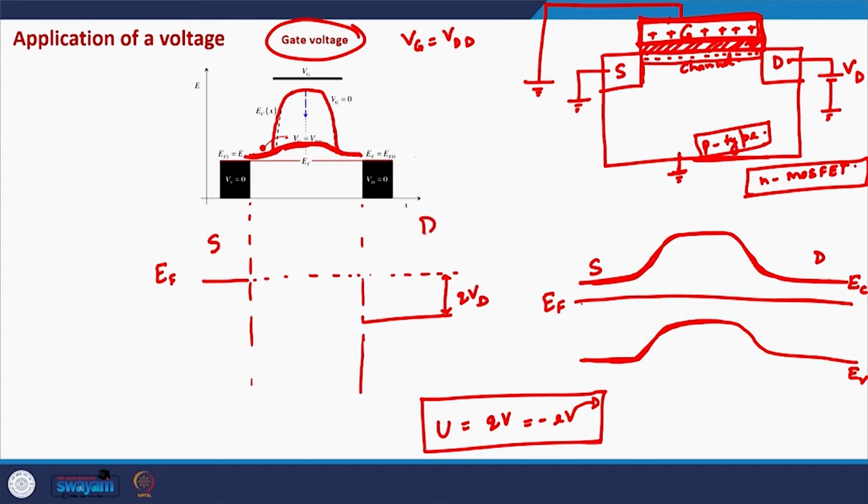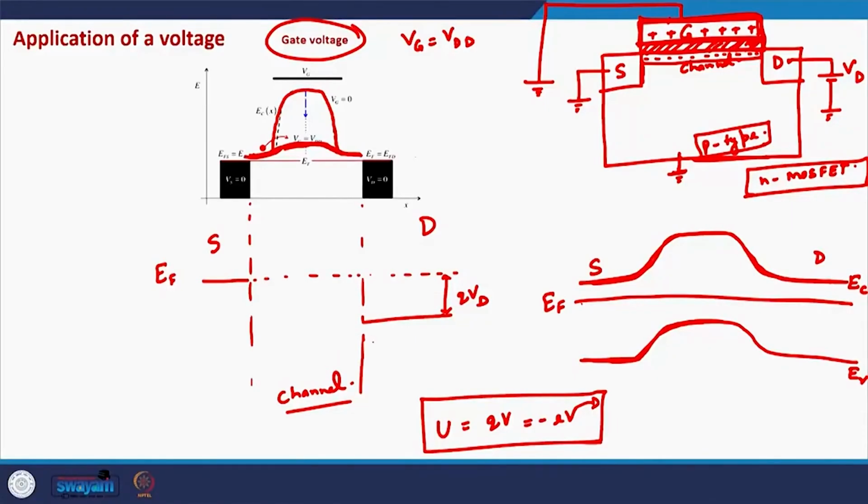So this is source, this is drain, let's say this is the channel region. Now as you might have already sensed, this kind of situation we have already seen while discussing a two terminal device. Now there is no longer equilibrium in the device.